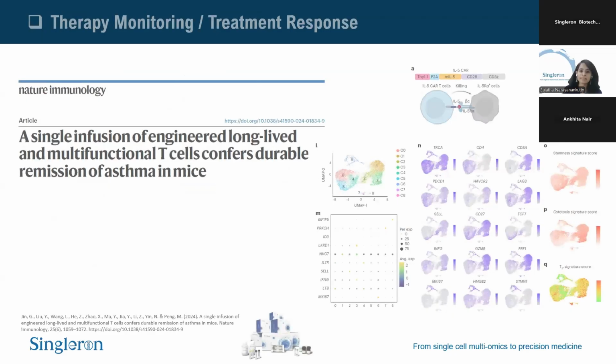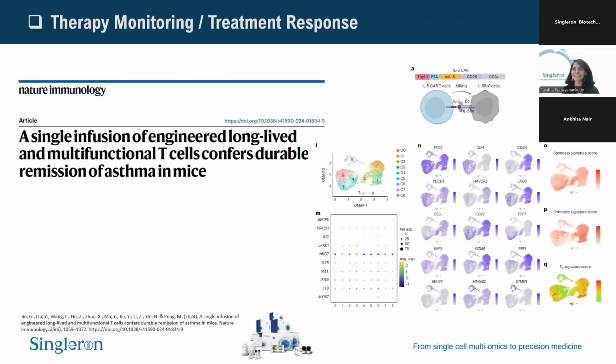So in terms of an example, this is a study that's looking at engineered T cells. That's a CAR-T study, and the authors have come up with this CAR-T, and they needed to check if these are actually having long-term persistence in humans.